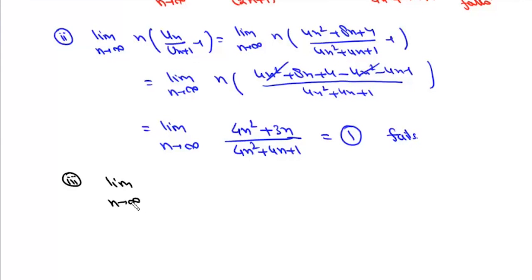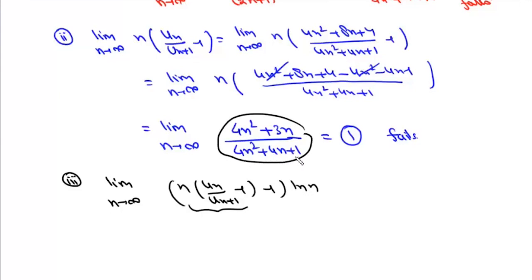n tends to infinity, n times (u_n upon u_{n+1} minus 1) into log n. Now this entire expression is from Raabe's test, so this is (4n square plus 3n) upon (4n square plus 4n plus 1).